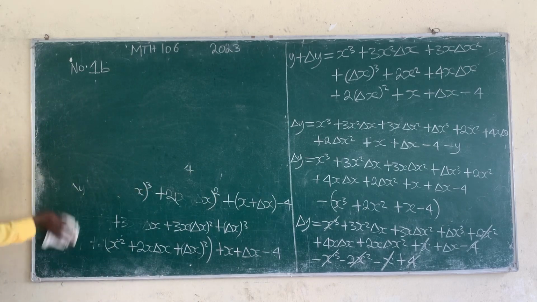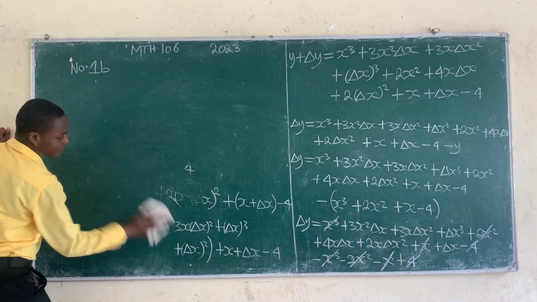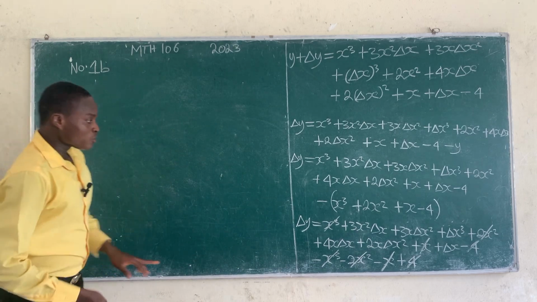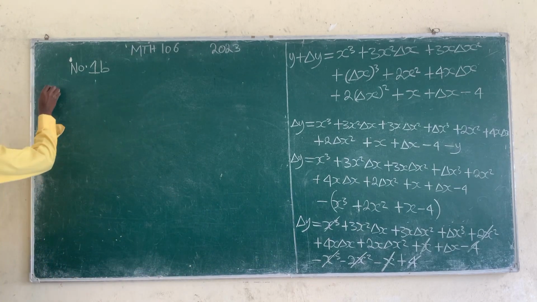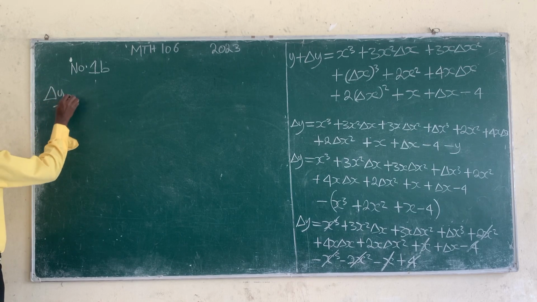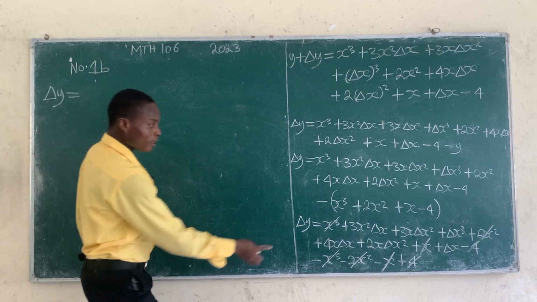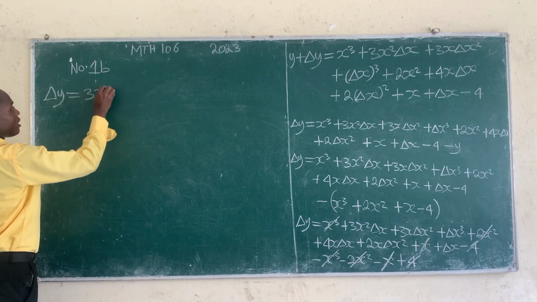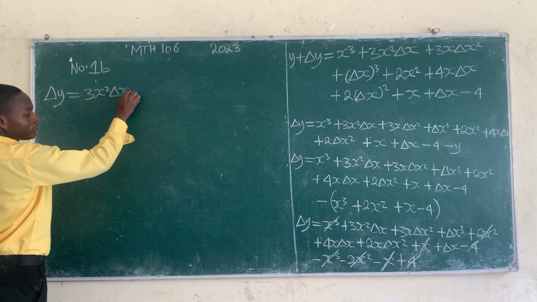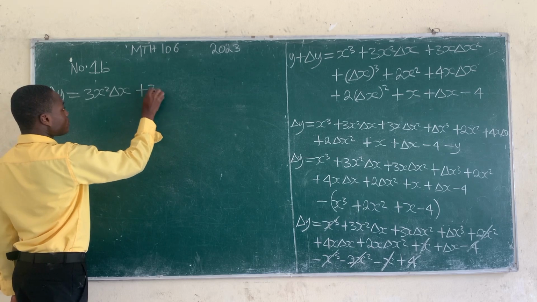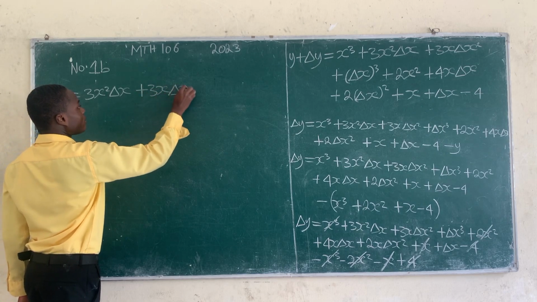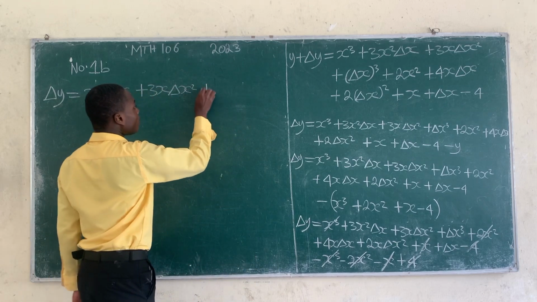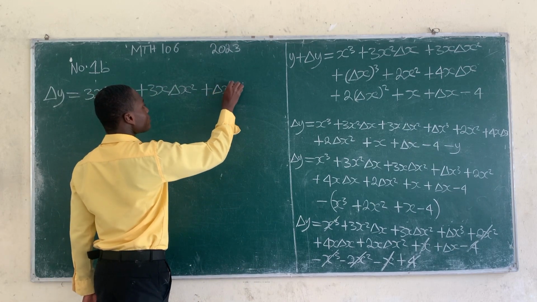Let's quickly rewrite what we have. So we are going to have increase in y to be equal to 3x squared increase in x, plus 3x increase in x squared, and the next one there is plus increase in x cubed.